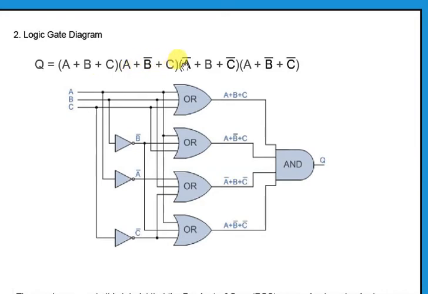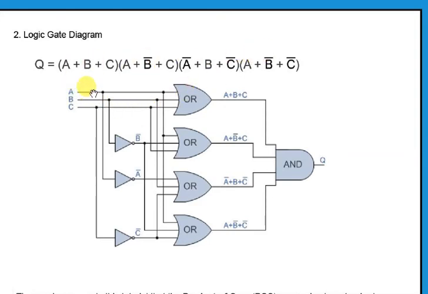We will have 4 OR gates, and wherever we need a NOT gate, we introduce that, and then we put all these 4 OR gates into one single AND gate. Because there are 4 terms of sums, we need 4 OR gates.